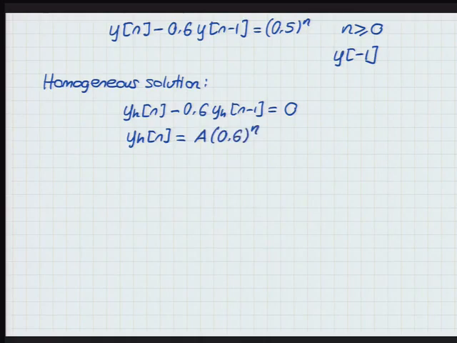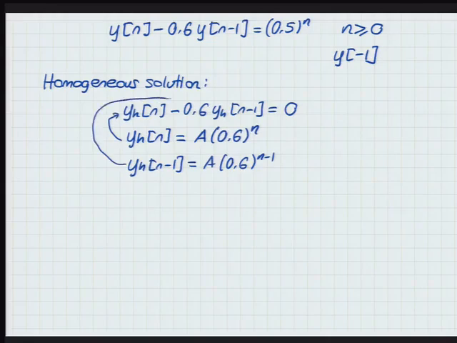Okay? Because if I take that and find yh of n minus 1, that's just a times 0.6 to the n minus 1, right? And if I substitute these two back in here, what do you get?